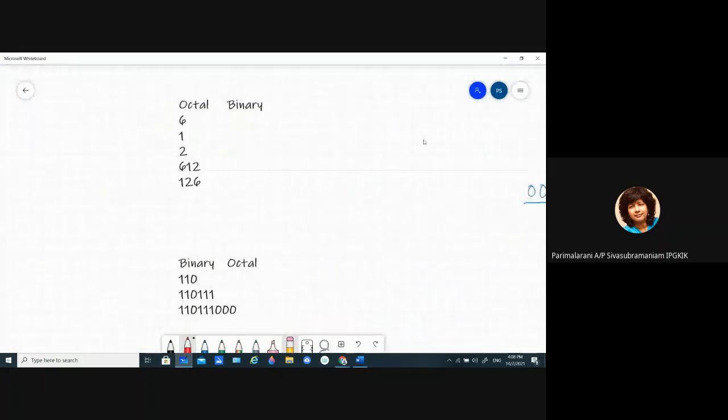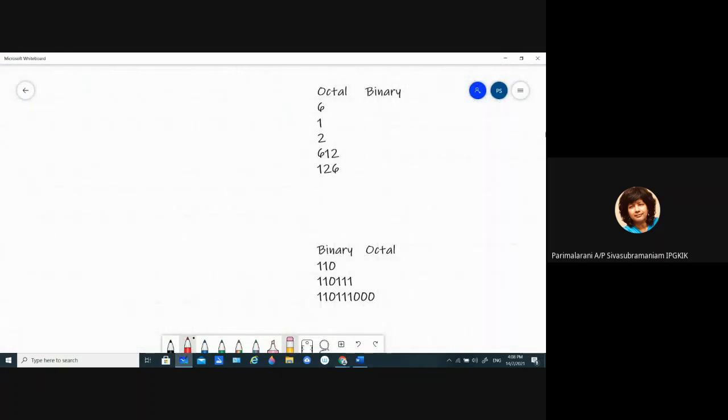Okay, I just want to ask one more question. Supposing you had this number 10110111 in base 2, and you wanted to change this to base 4. Can you do this using the shorthand method? Can. Can? So how do you do it?